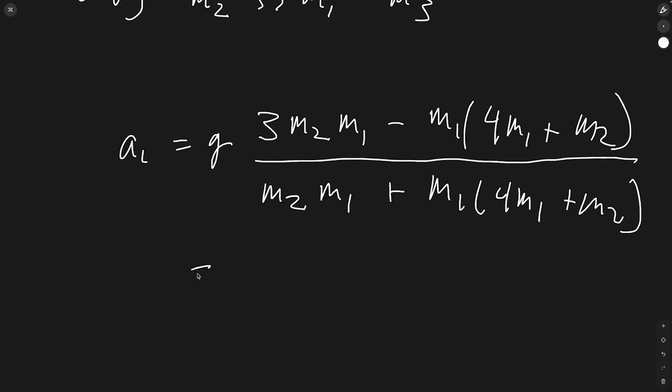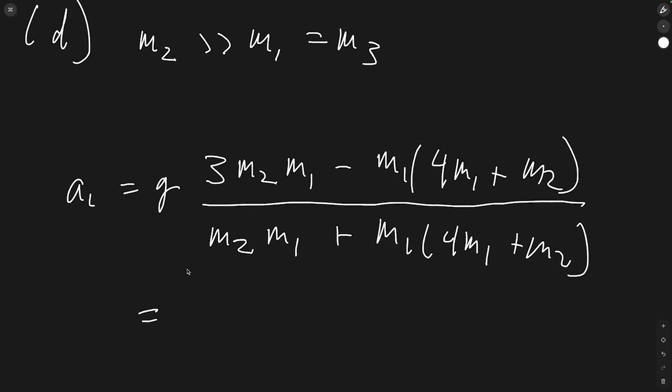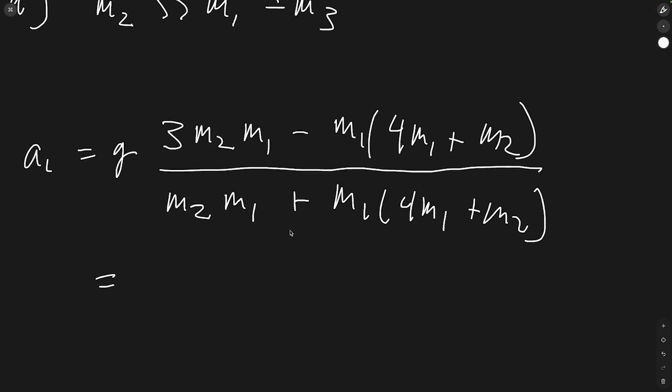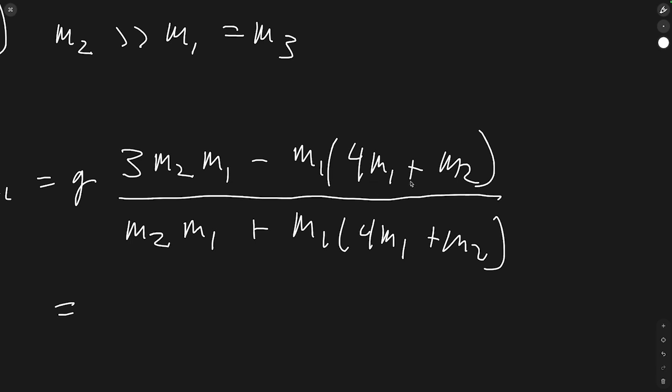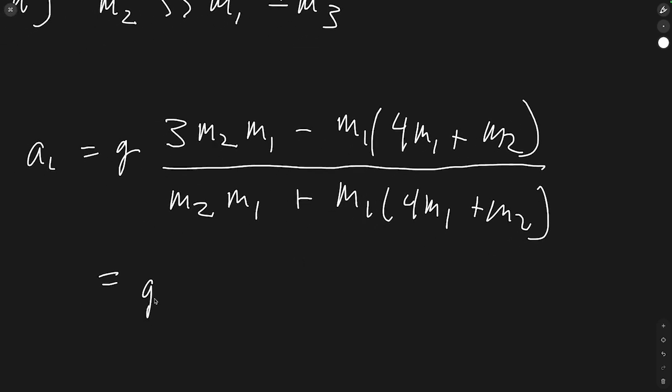Okay. Now what? So M2 is much bigger than M1. So even if you multiply M1 by 4, the dominating term is going to be M2. Right, so let's do that.